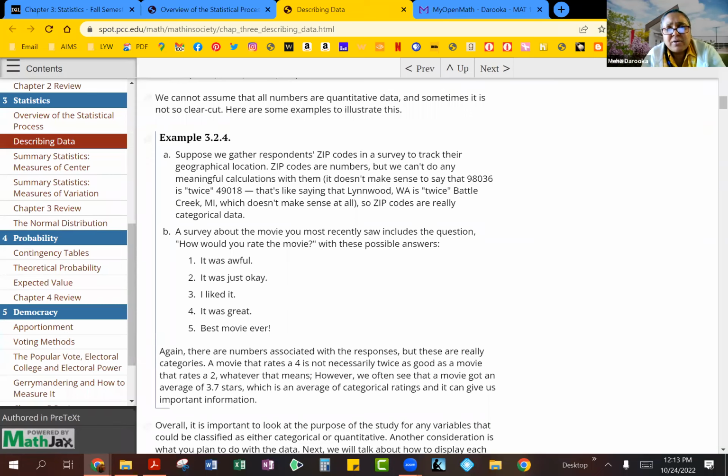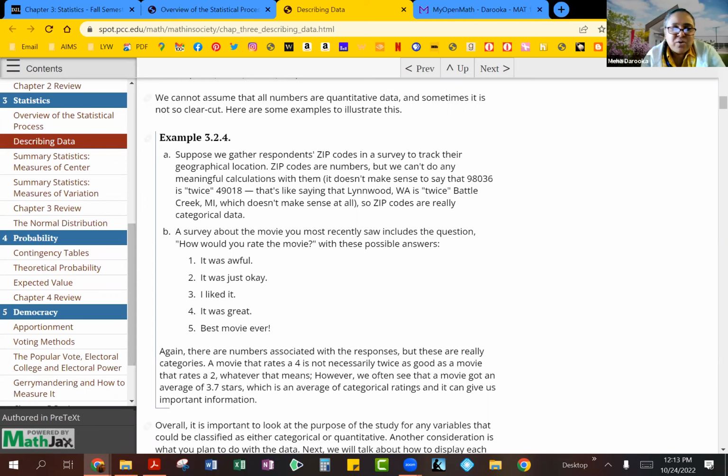Another example is a survey about the movie you saw most recently. If you broke it down into how you would rate the movie, option 1 is it was awful, option 2 is it was just okay, option 3 I liked it, up to option 5, it was great, best movie ever. So 1, 2, 3, 4, 5 are just listing the options, right? They're not actually numerical in nature.